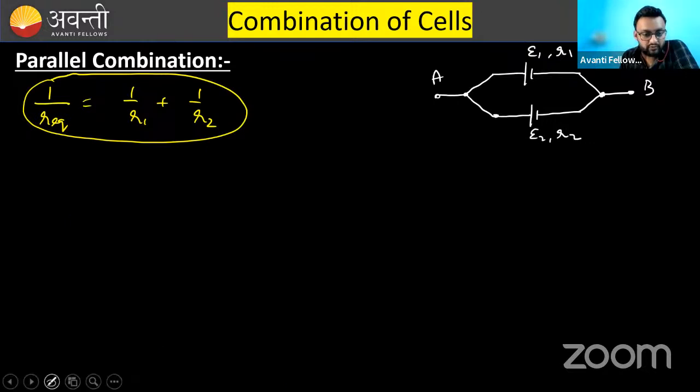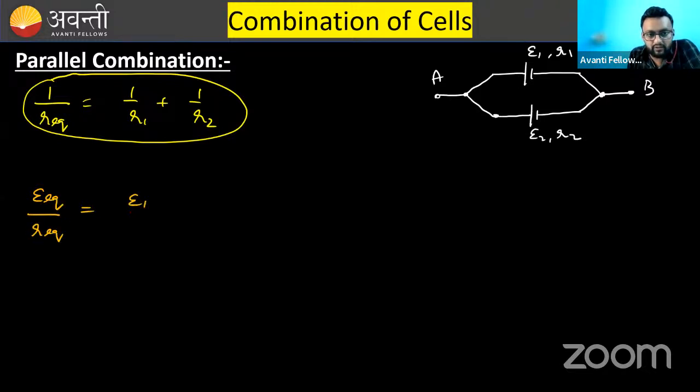So this relation is not very simple, but I will make it simple for you to remember. Remember the form I am telling you. E equivalent over R equivalent will be E1 by R1 plus E2 by R2 plus so on.